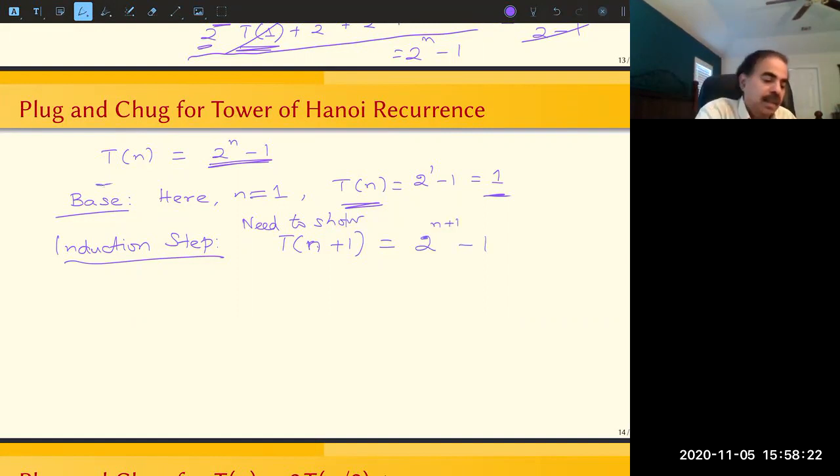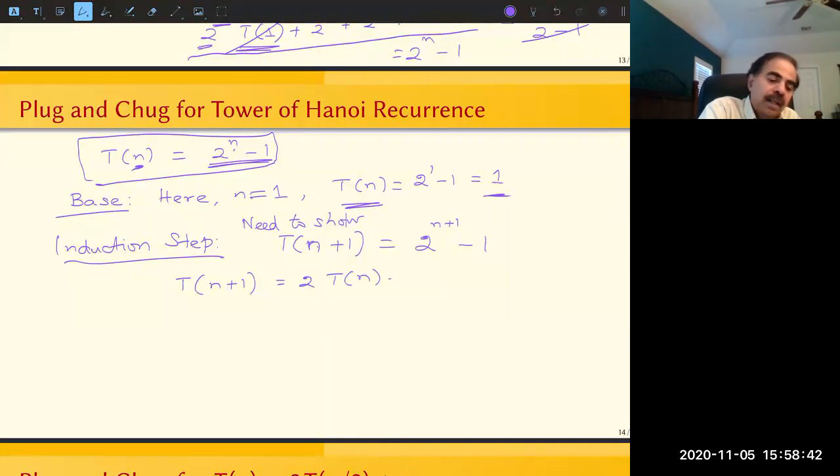Because if you plug n plus 1 here, then the right-hand side will become 2 to the power n plus 1 minus 1. So let us start by taking the definition of T of n plus 1. That equals 2 times T of n minus 1.